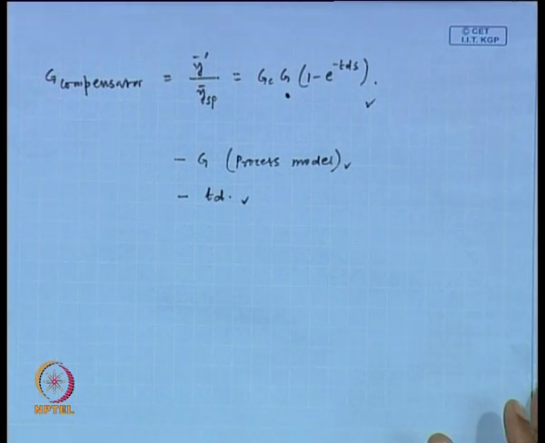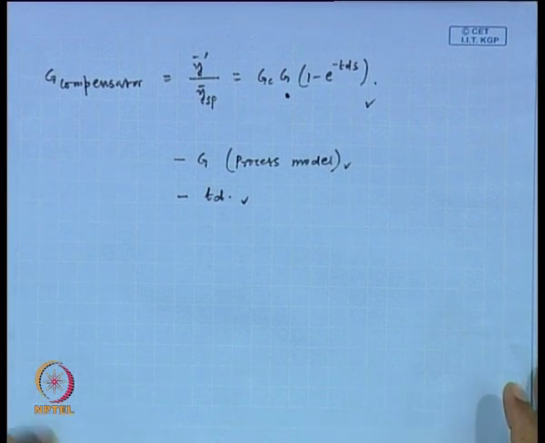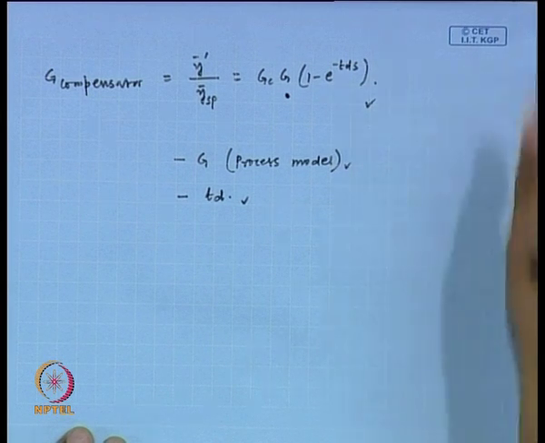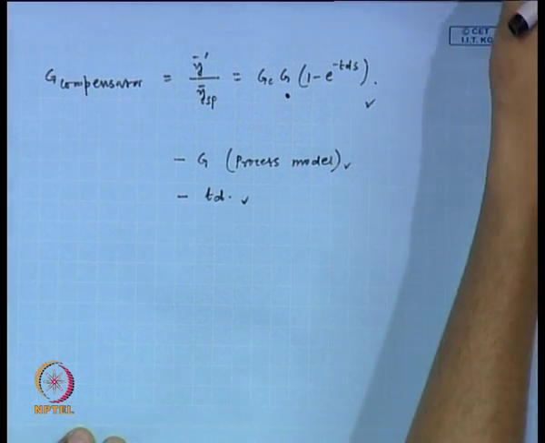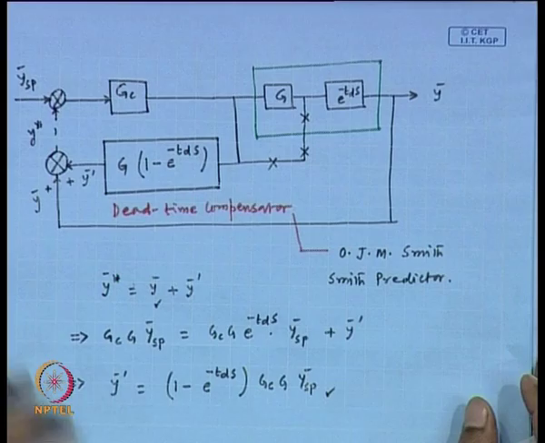But in practice, this is never known exactly. So, they are known approximately. Fine. In practice, both the process model and TD are known approximately.